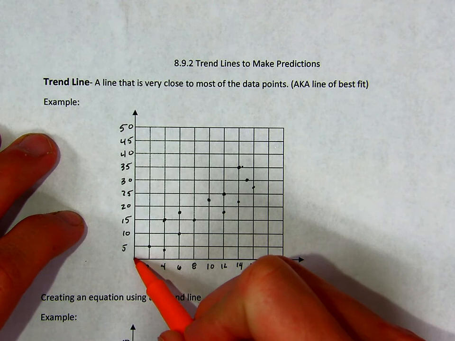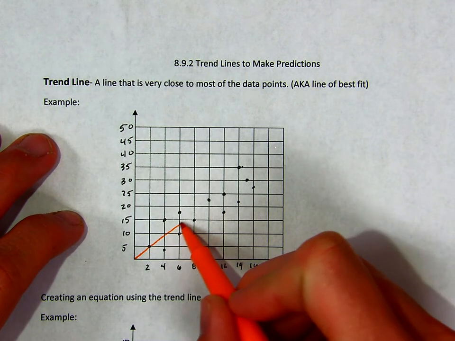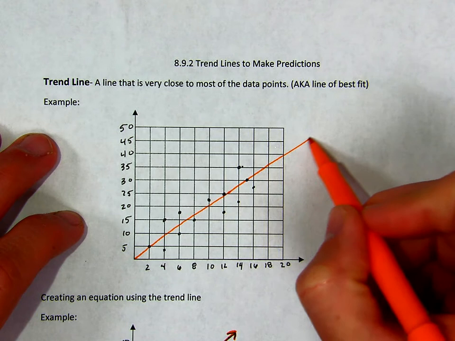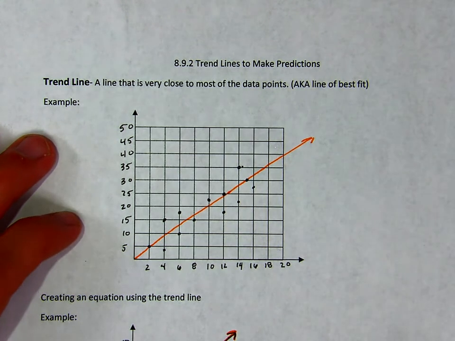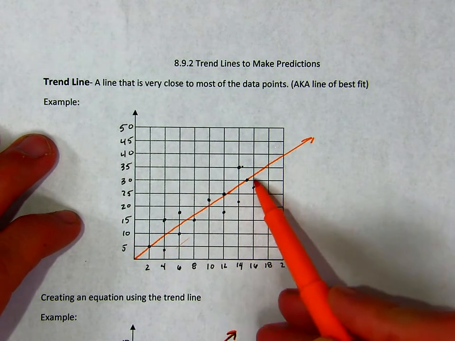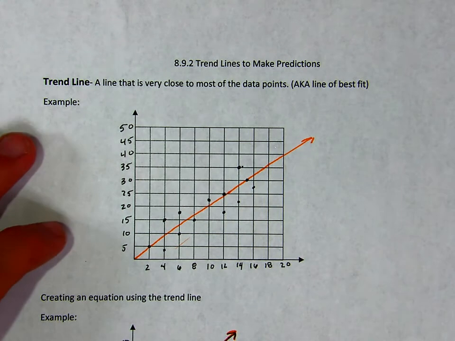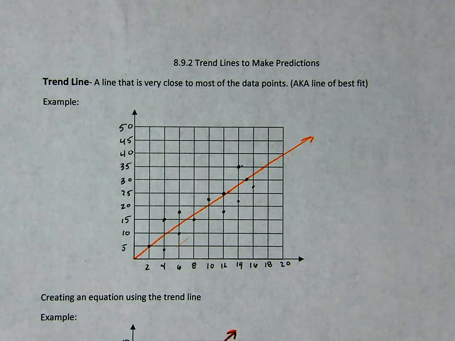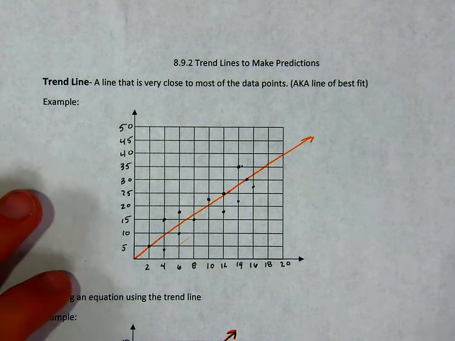Start about where they start, go up through about right there. Okay, that best fits. You've got some on top, some on bottom, and it even touches 2 or 3 that are actually on the trend line.